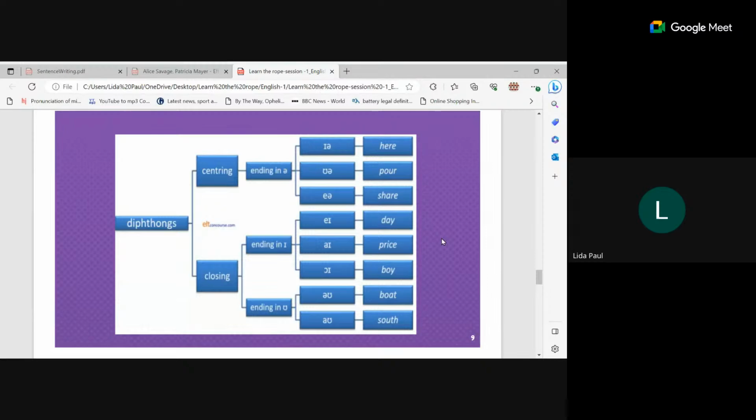And then the third one is air, as in the words share, share. Okay. Now the next set is the ones that end in the E sound. So A, I, oi. A as in day. It's not day, it is day.